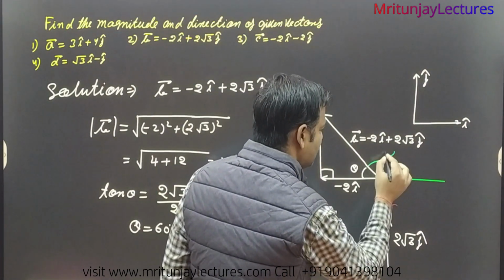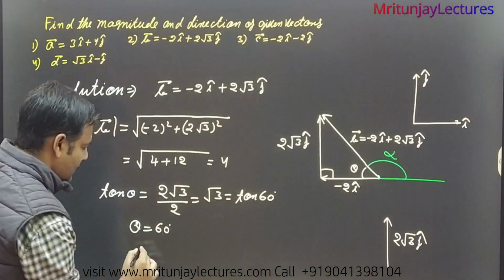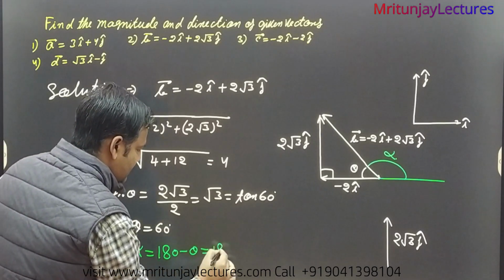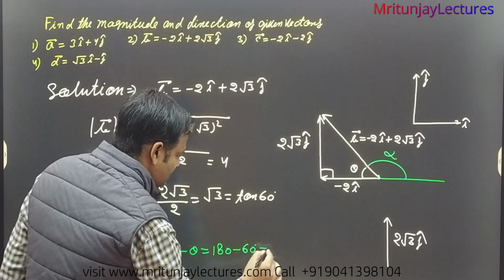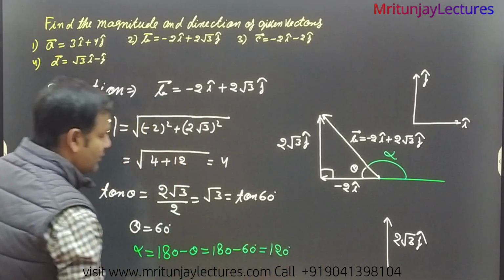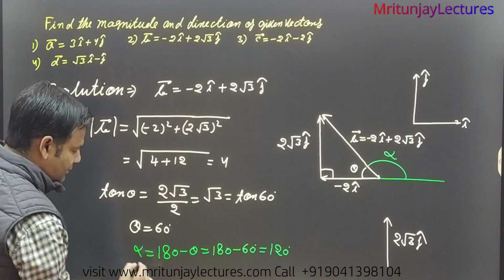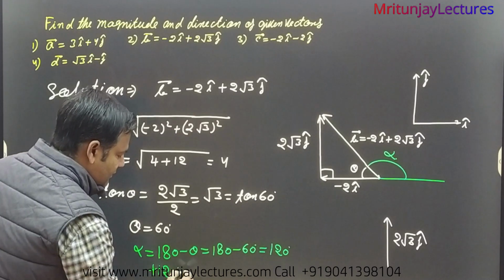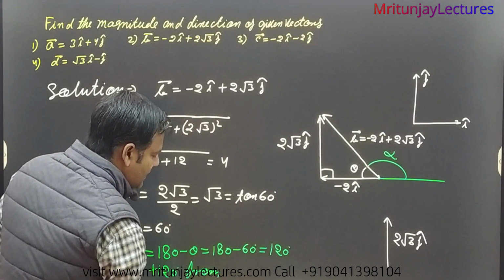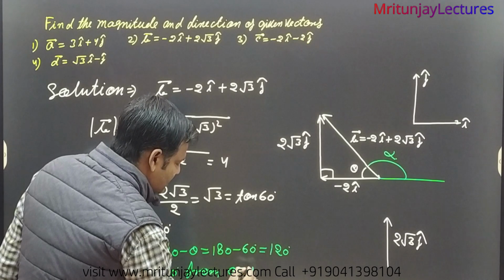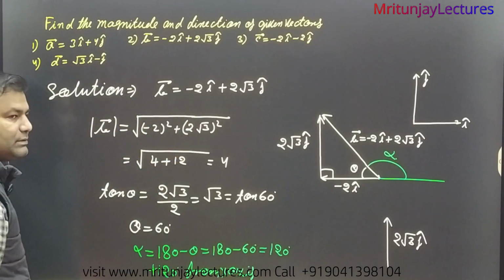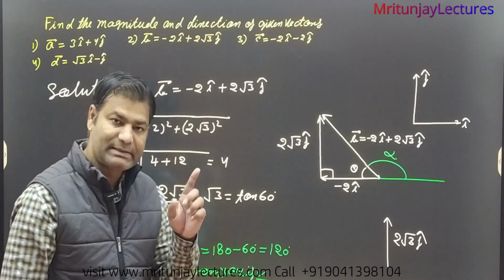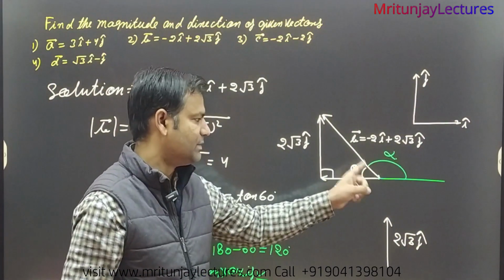So what about that angle? Alpha is 180 minus theta, so 180 minus 60 is 120 degrees. So you can write 120 degrees from the x-axis. Clear or not? So that is the final answer. Always consider that angle from the x-axis.